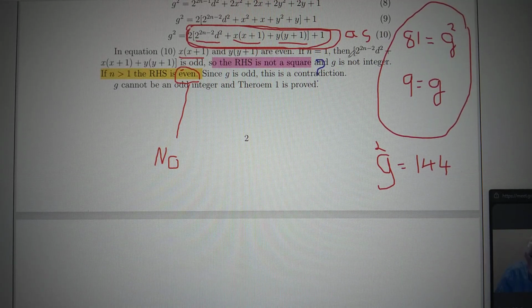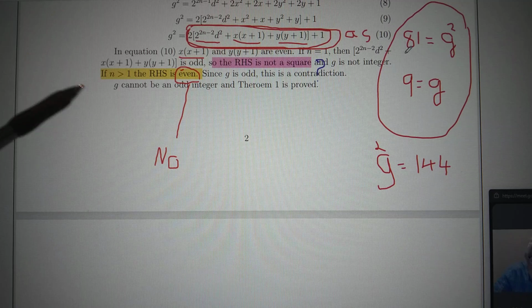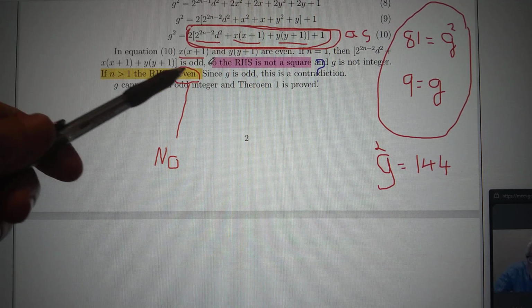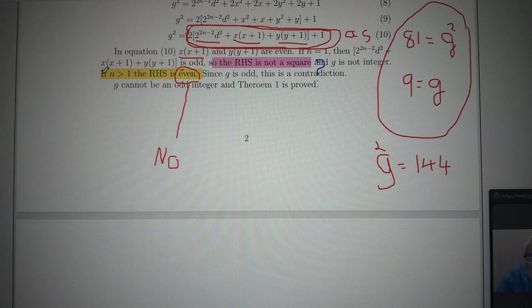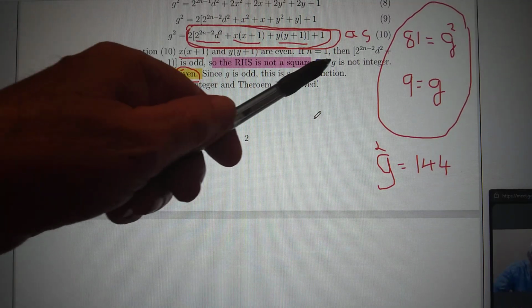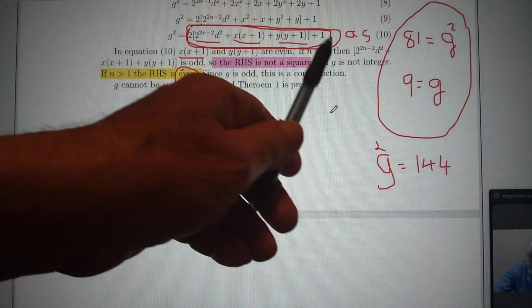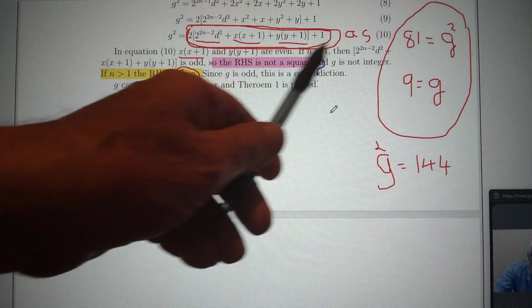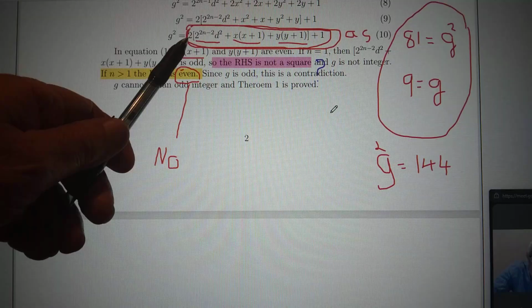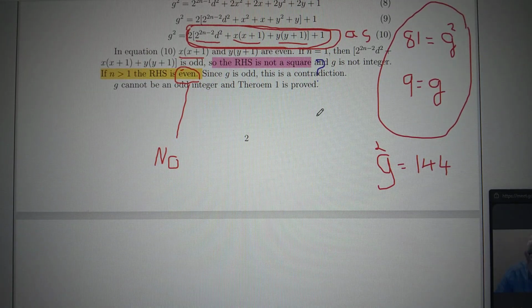If n is 1, then the entire thing here will be odd. Okay, you start from where? Then to the end. Inside the parenthesis, you are telling is odd, but you multiply by 2 and it becomes even. Okay, and plus 1 then became odd. But I am reading this, so the right hand side is not square.